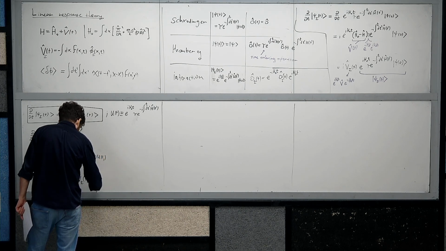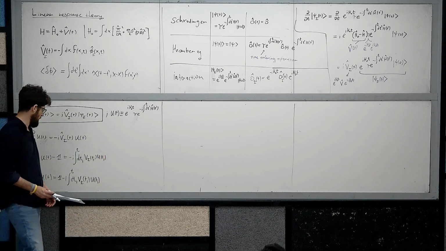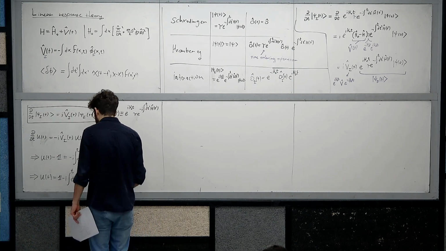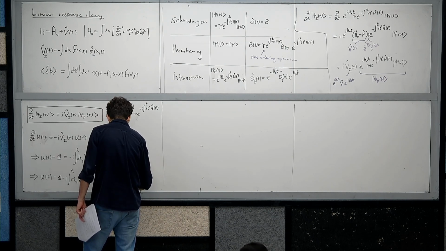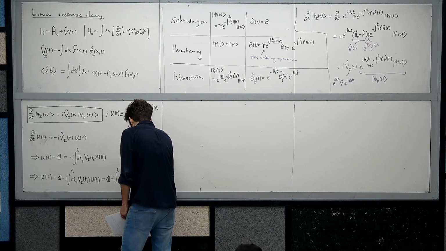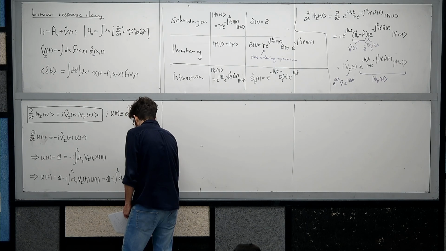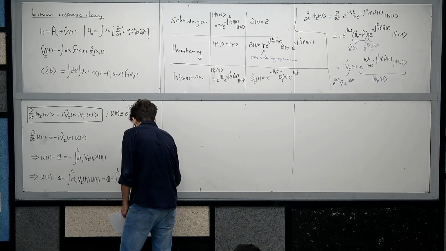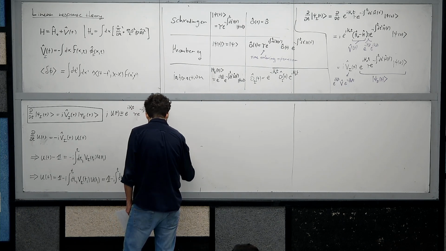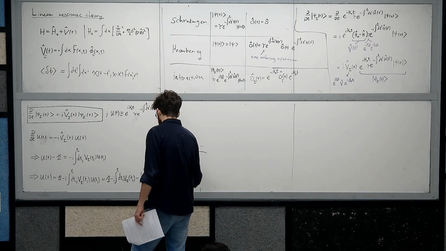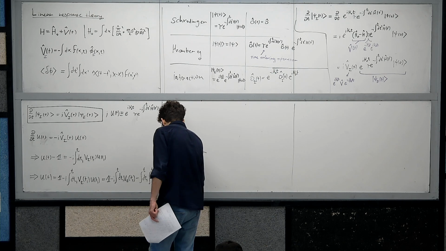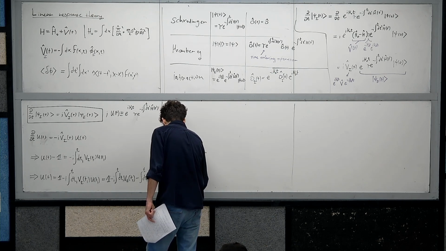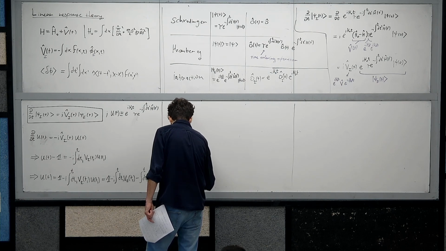Now we can just plug this equation into itself, and we get that this thing is equal to the identity, minus i integral up to t dt1 V_I of t1, minus the integral up to t dt1 integral up to t1 dt2 V_I of t1, V_I of t2, u of t2.